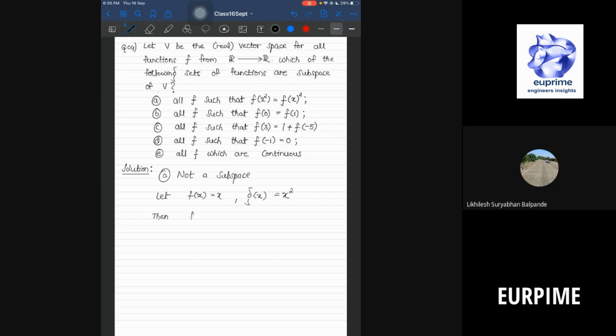Then f of x square is equal to f of x whole square, and g of x square is x square whole square, which is nothing but g of x whole square.